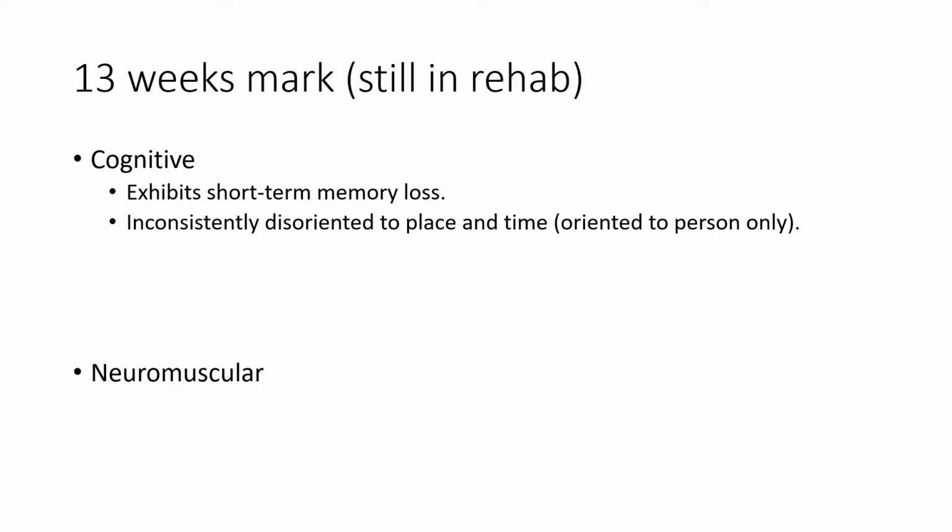For example, she now exhibits short-term memory loss, and from her interactions over time, you might find that there's also an inconsistent presentation of disorientation. She's unaware of place and time, although consistently aware of who she is. This might relate back to the traumatic brain injury, or just the fact that being in an uncertain environment in conjunction with traumatic brain injury can also influence disorientation.